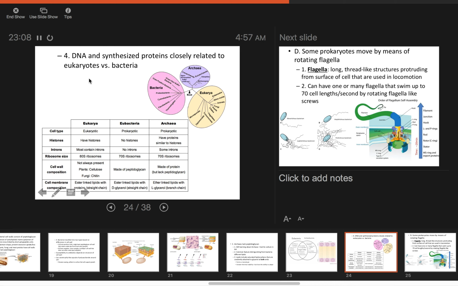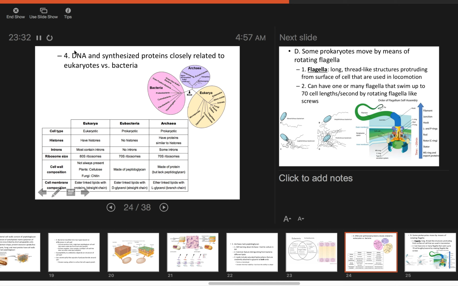DNA and synthesized proteins in archaea, however, are more closely related to eukaryotes than they are to bacteria. At first, people thought that, okay, they're one cell, there's no nucleus, so these guys branched away from each other. That's where they thought archaea should have been, but that's not the case.